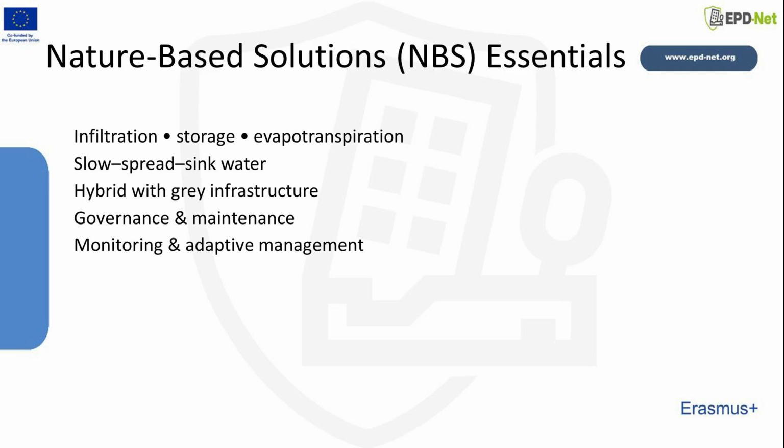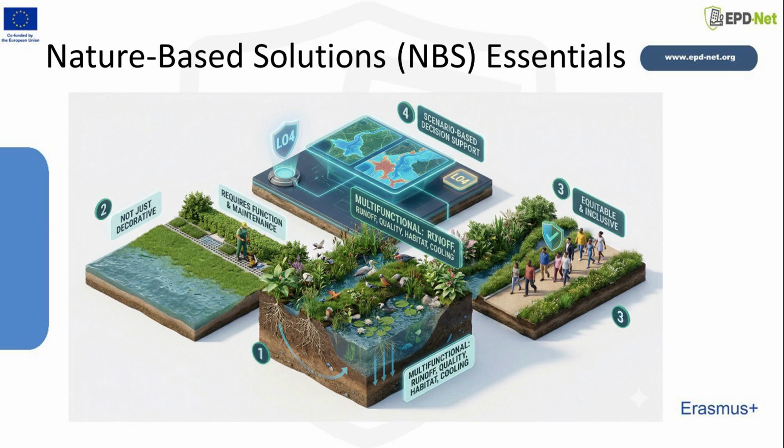Two caution points. First, NBS is not decorative green. It must have a clearly defined function, performance logic, and maintenance plan. Second, NBS is not automatically equitable. If it triggers displacement or ignores accessibility, it can create new risks.